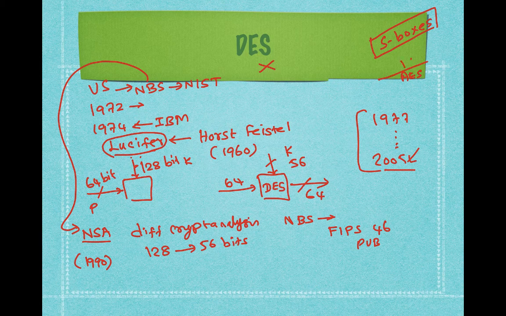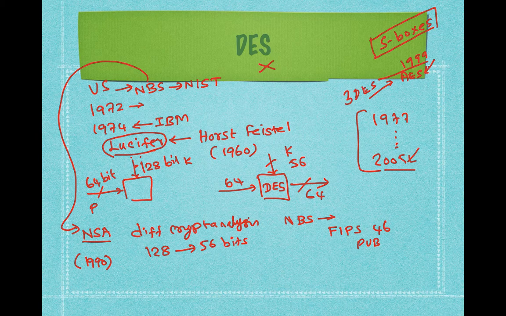Around 1999, they made a call for proposal to replace DES with a new algorithm. A lot of people submitted algorithms and there were many contenders. Finally, AES was selected as the replacement for DES, but there was one more contender, called triple DES.